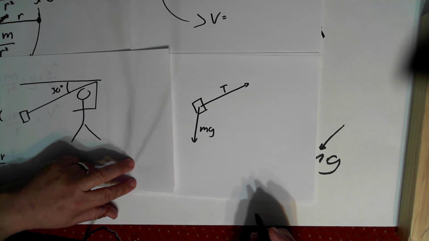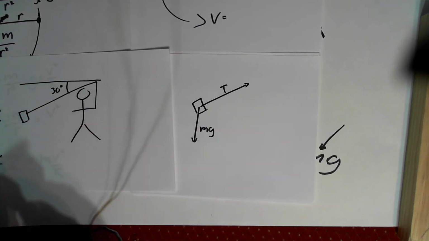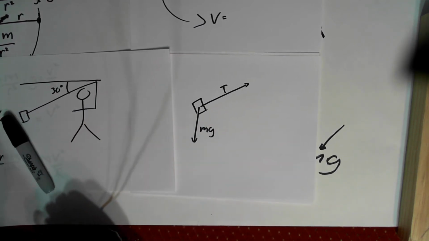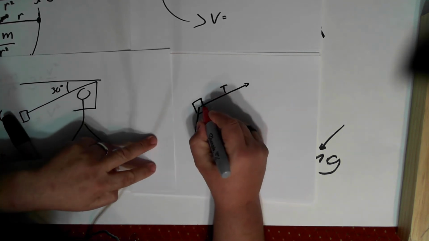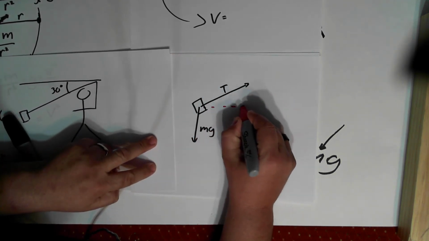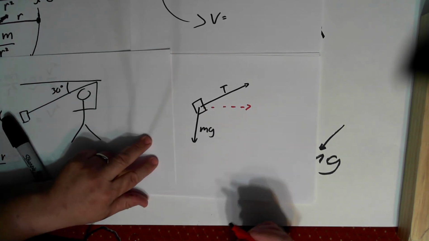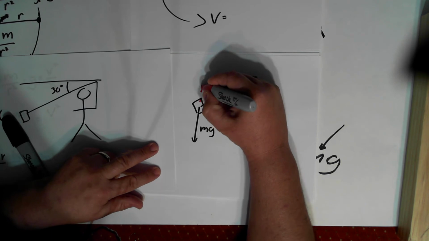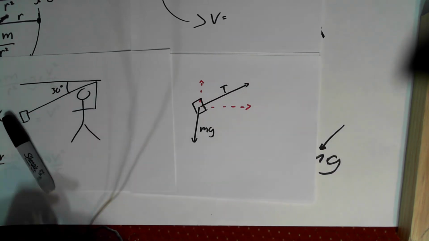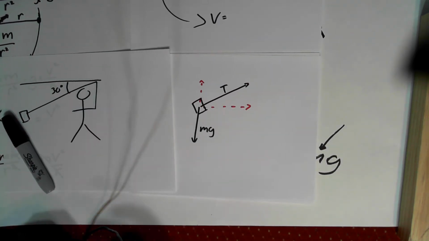Those are my two forces. Only this portion of the tension is producing uniform circular motion, and this portion of the tension is counteracting the weight.